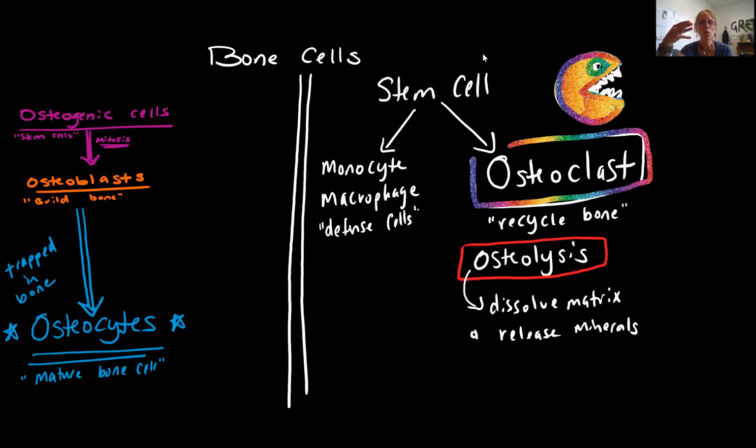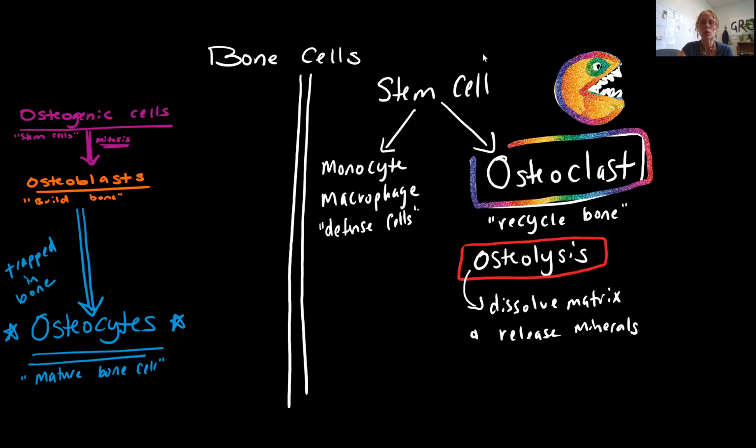We said that there were 4 cell types, 3 of which are related. So we've talked through the osteogenic, the osteoblast, and the osteocyte. The 4th type of cell we need to talk about is the osteoclast. Now, the osteoclast has the same kind of cell lineage, or a very similar cell lineage to that of a monocyte.